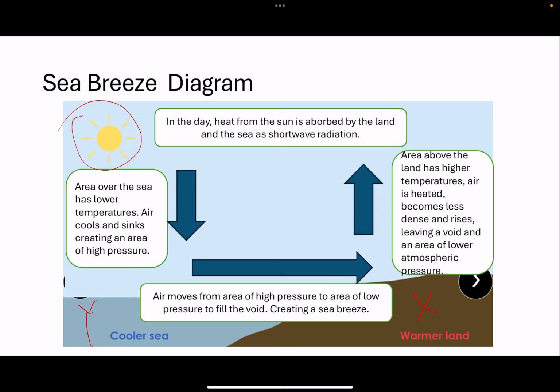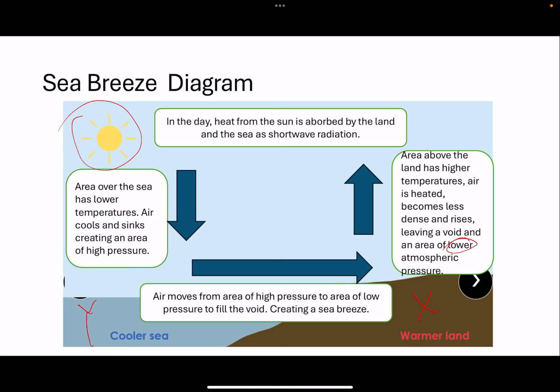Okay, so daytime, once again, right? Your land heats up faster, your sea heats up slower, so the temperature above the sea is cooler compared to the temperature above the land. What happens is the parcel of air above the land, being hotter, will rise up, leaving an area of lower atmospheric pressure. Similarly, the reverse is on the sea area.